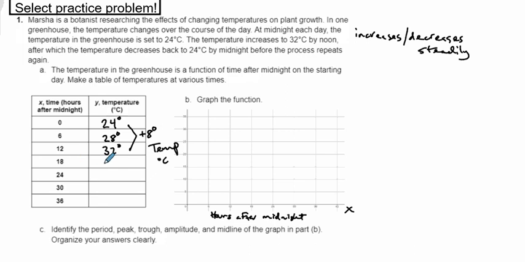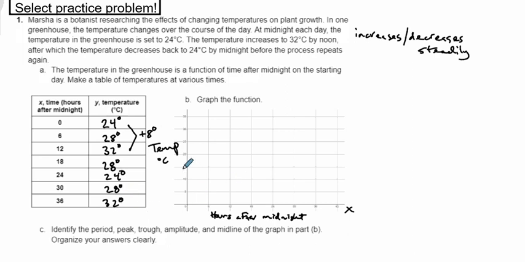Then 6 hours after, when it's starting to come down, it should be back at 28 degrees, and it goes down to 24 degrees at midnight the next day, 24 hours. That's probably going to be our period. Then 6 hours in, it's starting to come back up again, and then 12 hours into the second day, at 36 hours, that puts us back up at 32 degrees.